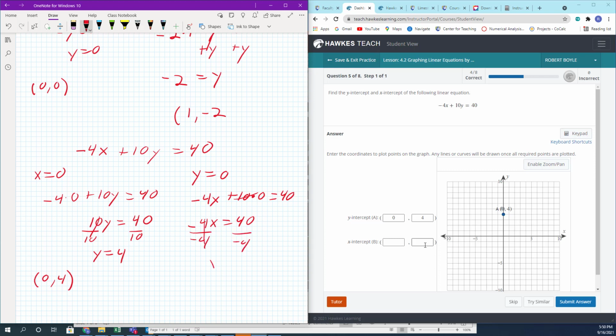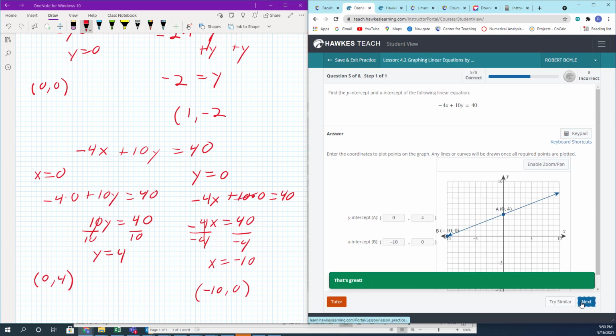And I will have that x is equal to -10. So our ordered pair is going to be -10, 0, and this should be our x-intercept. -10, 0, and submit our answer, and yes, we did it correctly.